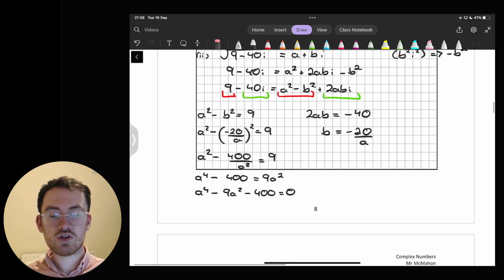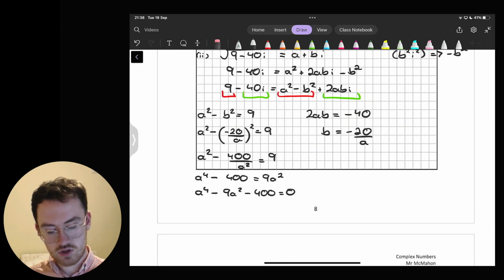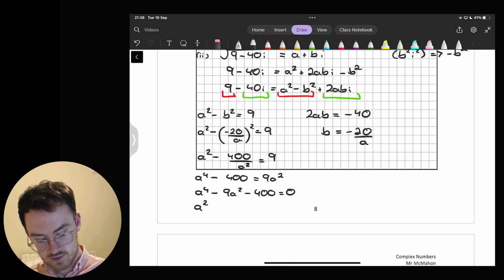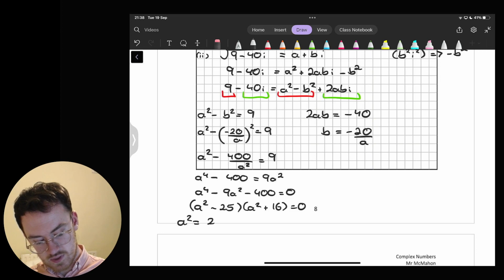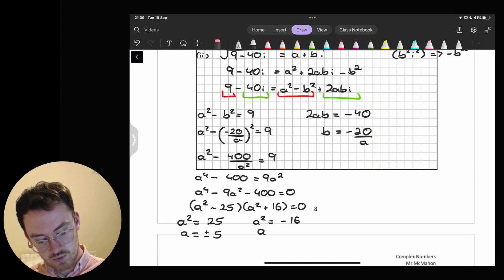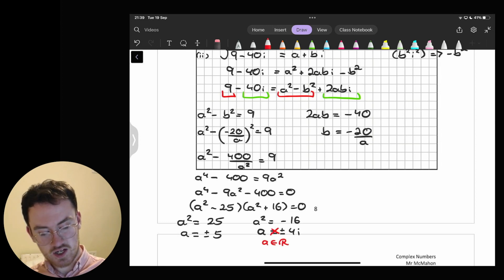So we want two numbers that are going to multiply to give me 400, but will add to give me 9. Those two numbers are going to be 25 and 16. Okay, 1 plus, 1 minus. So we get that a squared is 25, which means that a could be plus or minus 5. And the same thing happens here as happened in the last question. We get that a could be plus or minus 4i, but a has to be a real number. So it's not allowed to be 4i.